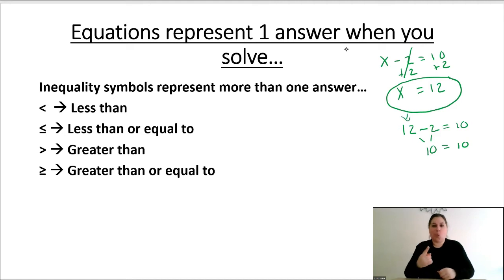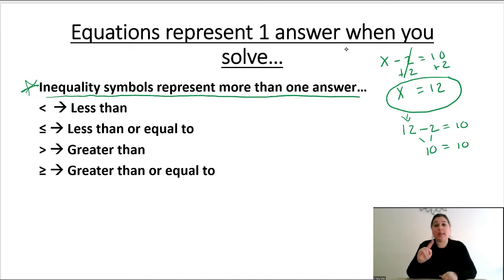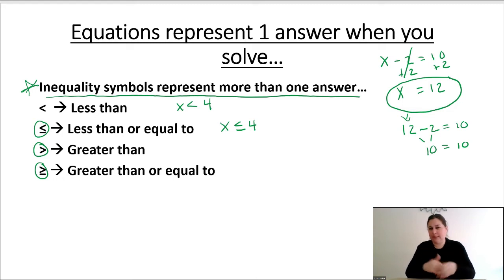But for inequalities, inequality symbols represent more than one answer. So if I have x is less than 4, all answers that are less than 4, if you plug it into the inequality, it makes the statement true. Same thing for this one. All numbers less than or equal to 4 will make whatever the statement was originally true. Same thing for the greater than or greater than or equal to. So let's look at some problems for practice.